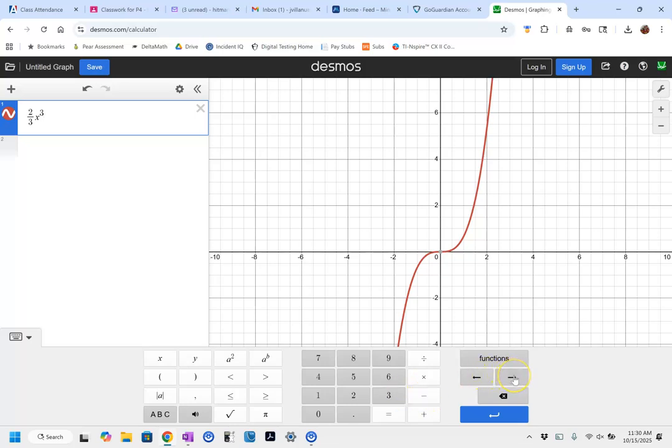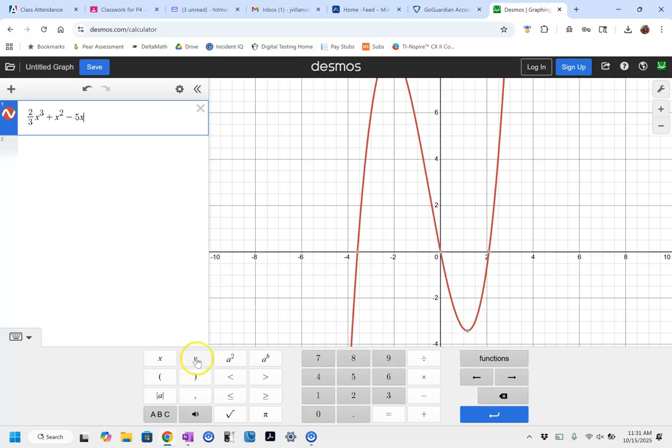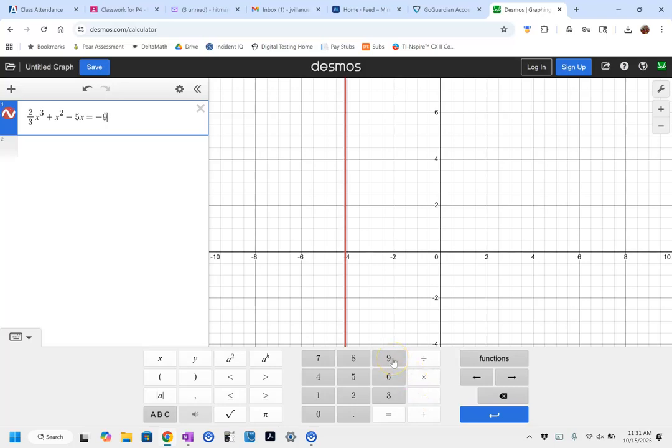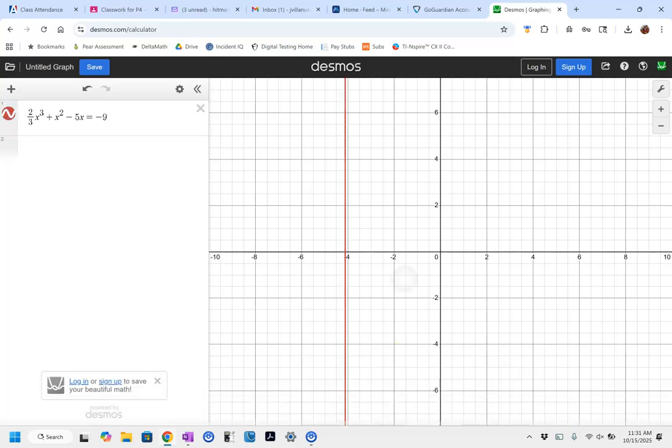I'm going to press right again. I'm going to type in plus x squared. Press right again. Minus 5x, and then equals -9. You see, that's my equation right there.